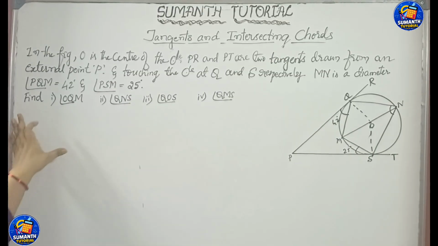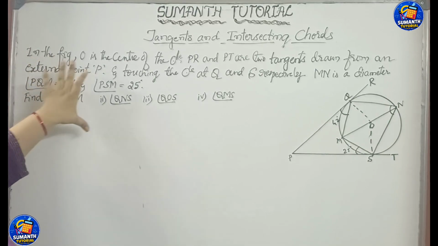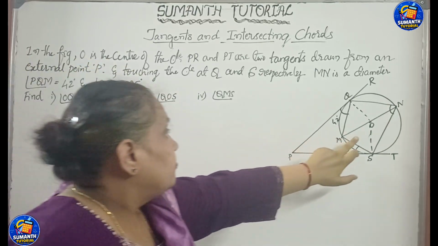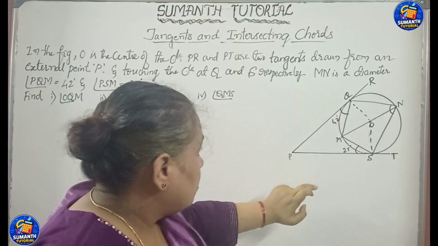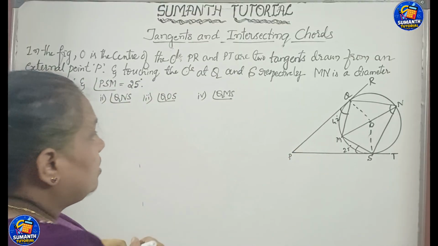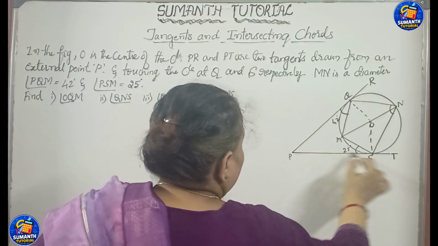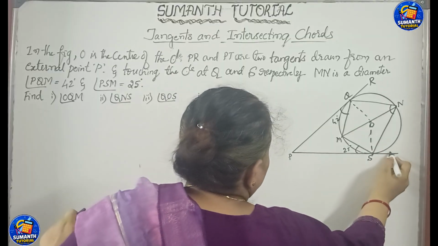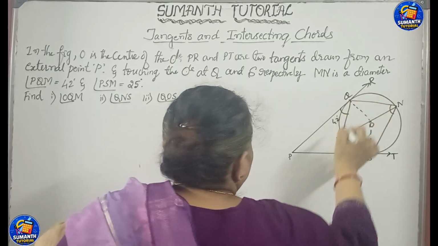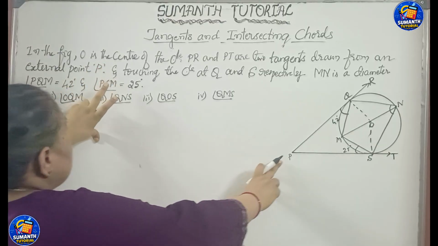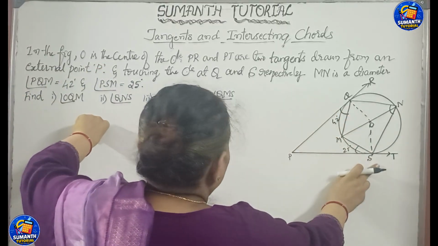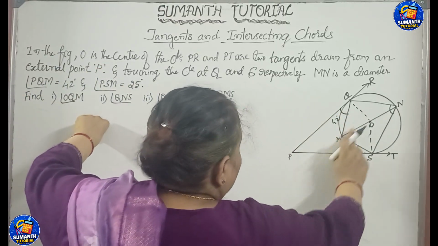In the problem, in the figure, O is the center of the circle. PQ and PT are the tangents to the circle, and they are drawn from an external point P touching the circle at Q and S respectively.